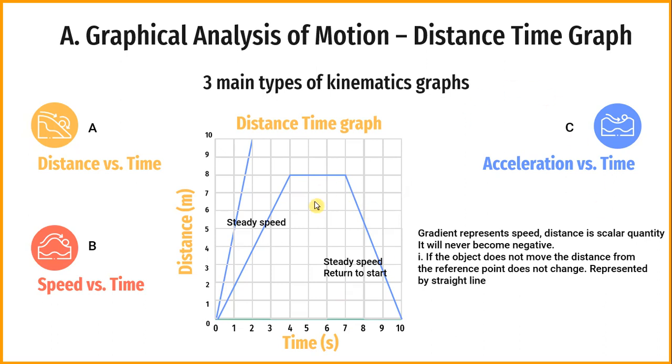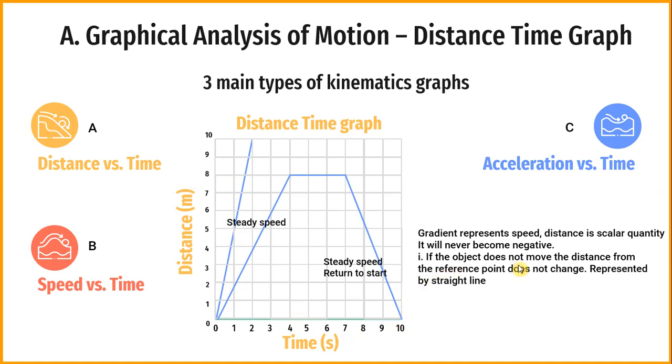In the distance versus time graph, the gradient represents speed. And distance is a scalar quantity, which means it will never become negative. You can see the distance is positive and the time is also increasing with a positive value.